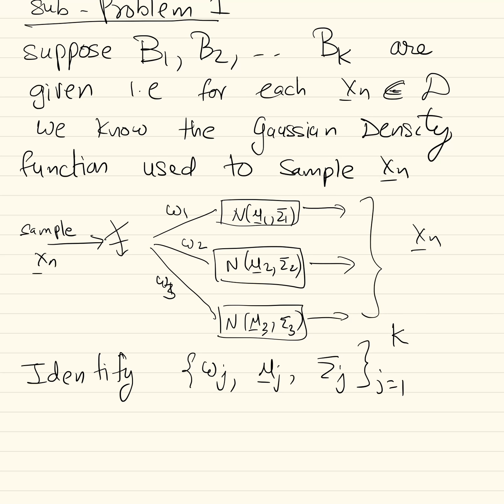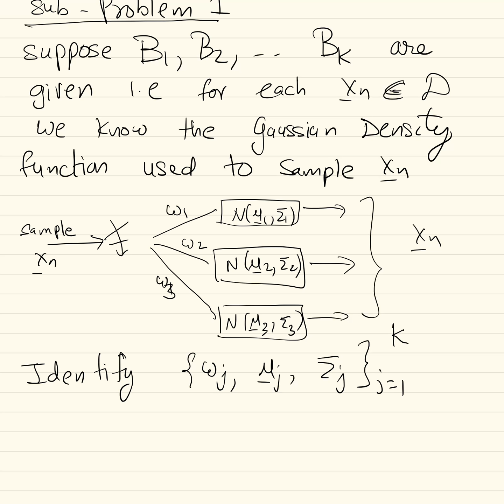Let Nj denote the size of Bj. So in this example, B1 tells you the points that were sampled using the first branch, B2 the points sampled using the second branch, and B3 the points sampled using the third branch, right? That information is told to you.